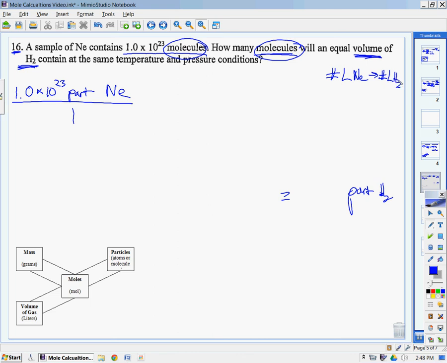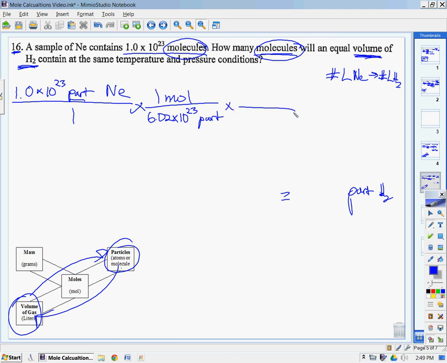So let's do this thing. One more time, we're solving going particles to liters, and then we're going to use that same number for H2, and I'm going to go back liters to particles. All right, let's do this thing. So particles to liters, we know that 6.02 times 10 to the 23rd particles are in 1 mole.